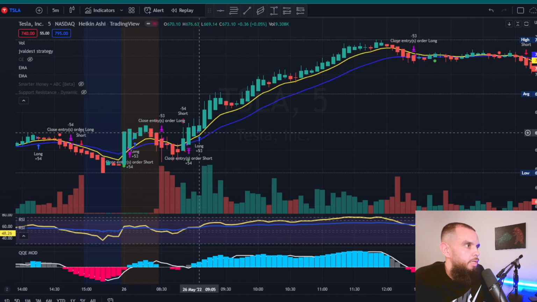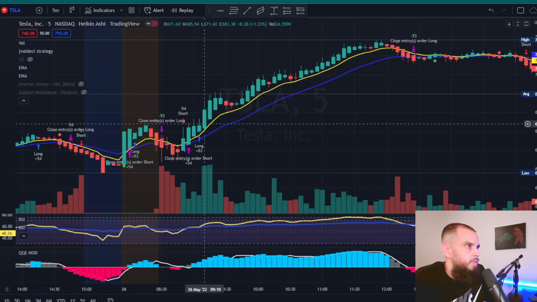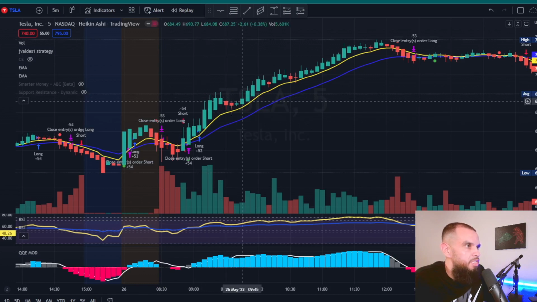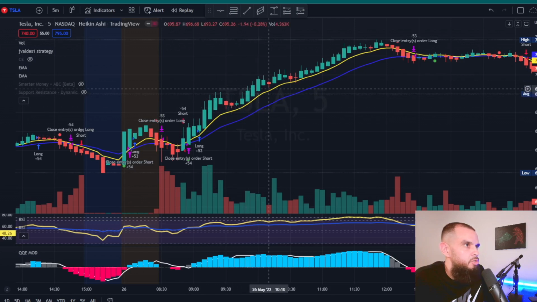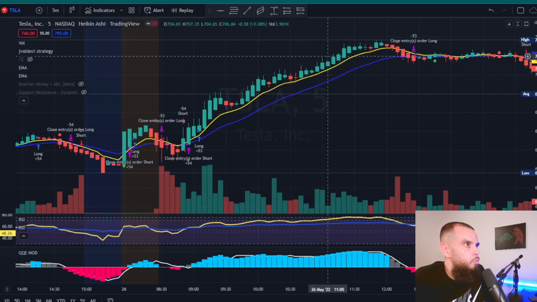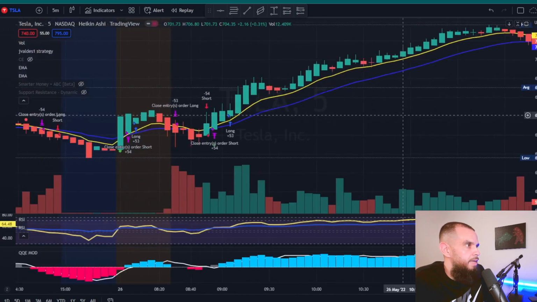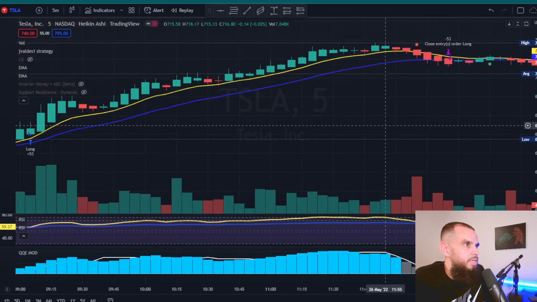So you get in here at 669, and this is at 905. If you got in this trade and you're just holding it, you're watching it ride this 9 EMA, you're extremely comfortable. There's no reason to sell. It's nice, calm, no reason to sell.